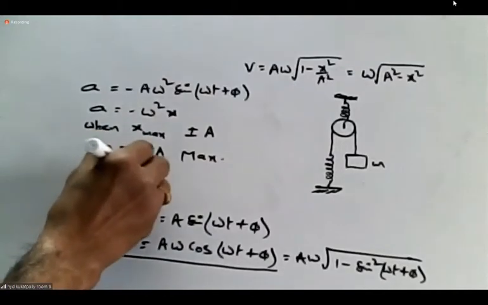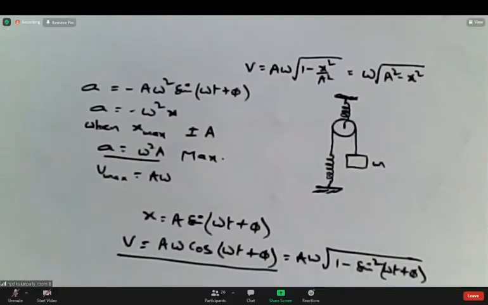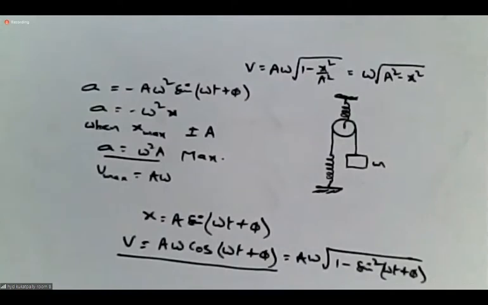Whereas velocity is maximum at the mean position, a omega. These are important points.